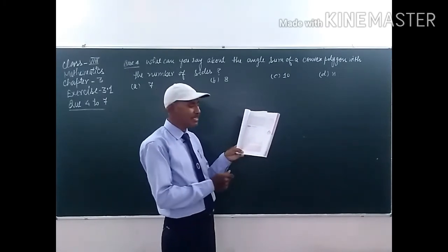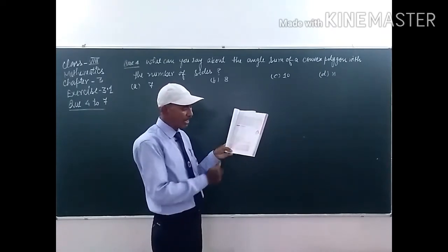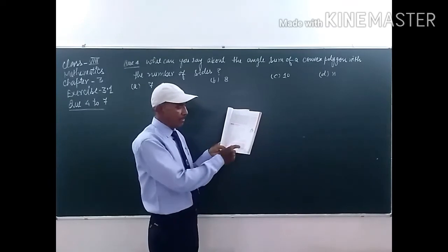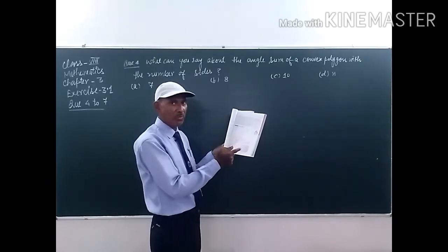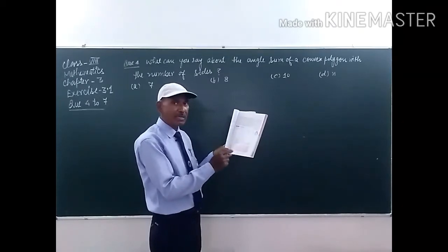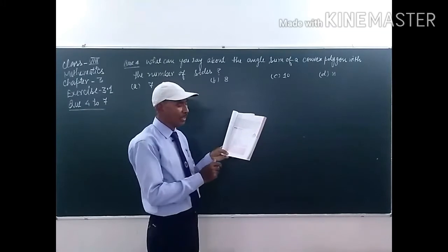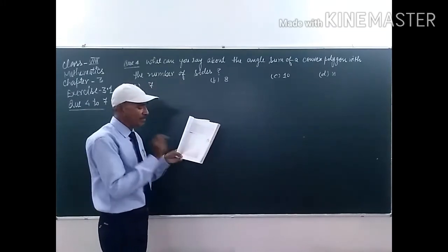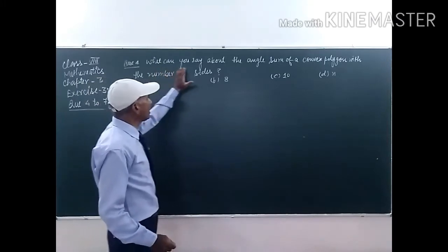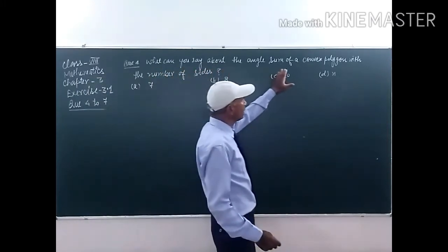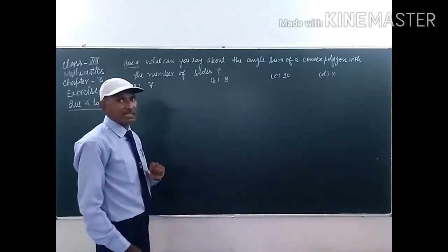And the next figure is a hexagon, a 6-sided figure, and to find out the angle sum of this figure we subtract 6 minus 2, it means number of sides minus 2 into 180. Now from this observation, students, we have to find what can you say about the angle sum of a convex polygon with the number of sides.